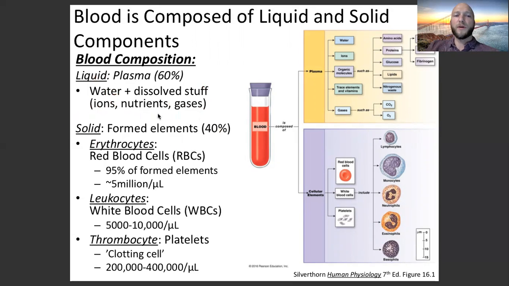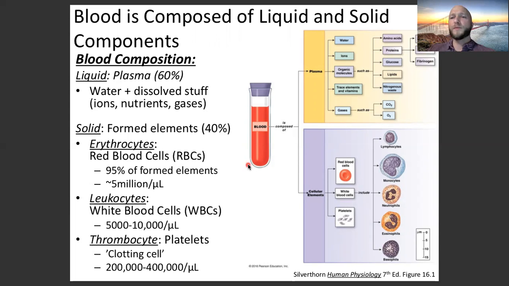The solid part, around 40%, 38 to 40%, is made up of three main things: erythrocytes, or red blood cells, RBCs, leukocytes, white blood cells, WBCs, and also the answer to the pop question I just asked, and thrombocytes, or platelets. They are clotting cells.